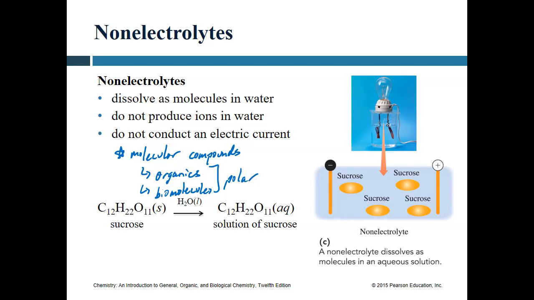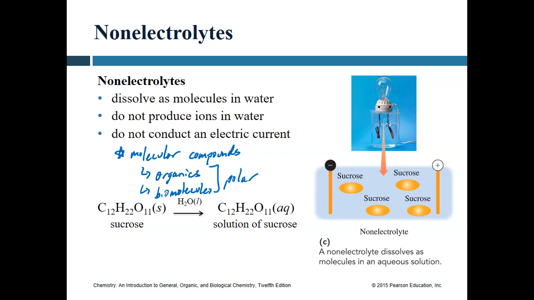So this is different from, say, octane not being able to dissolve in water. That's a different argument, a different characteristic. We're still talking about stuff that dissolves, but it doesn't produce ions. So we're talking about things like alcohols, carbohydrates, some kinds of amines, amides, that generally don't give us a whole lot of ionic character, but are still soluble in water.